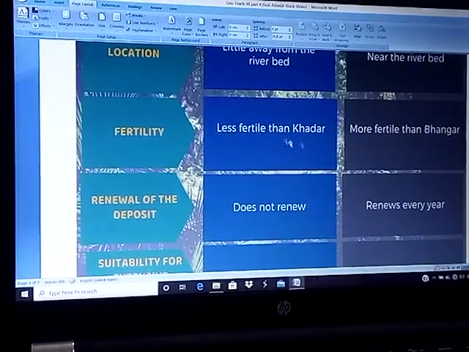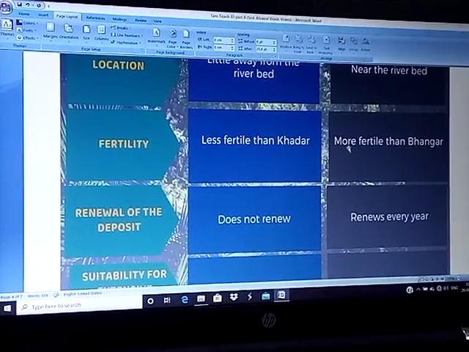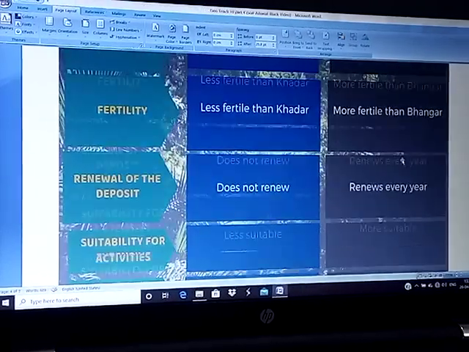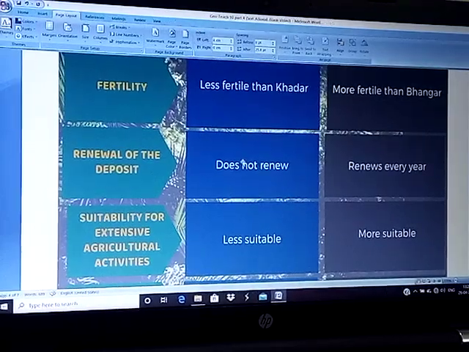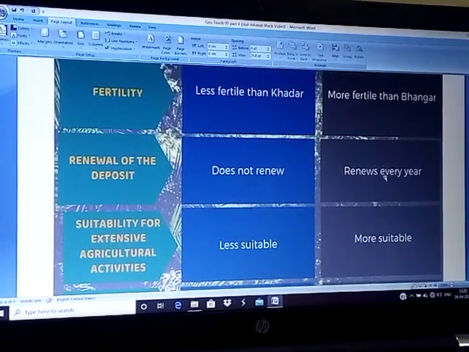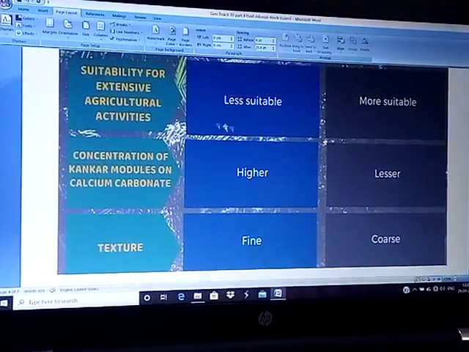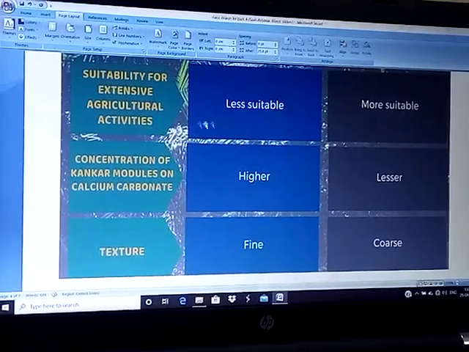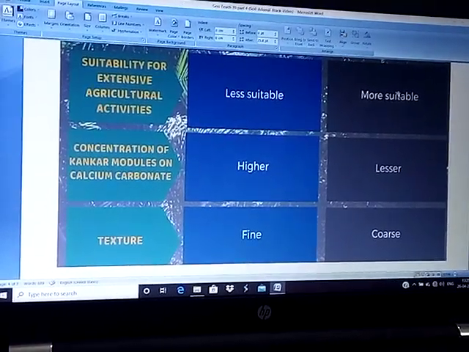Fertility. Bhangar is less fertile than Khadar, whereas Khadar is more fertile than Bhangar. Then renewal of the deposit. Bhangar does not renew, whereas Khadar always renews every year because new deposits keep on coming. Suitability for extensive agricultural activities: Bhangar is less suitable, whereas Khadar is more suitable.